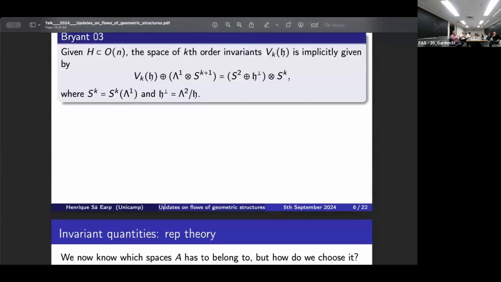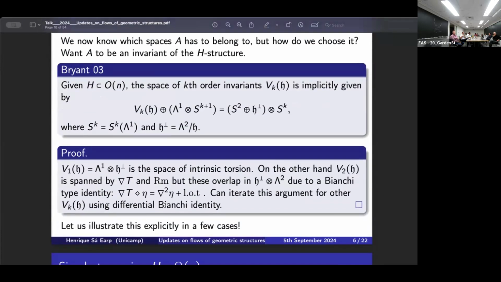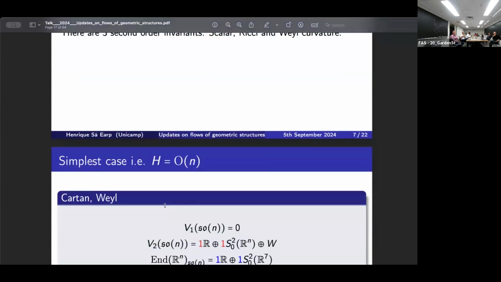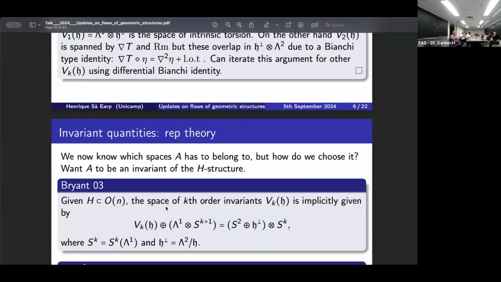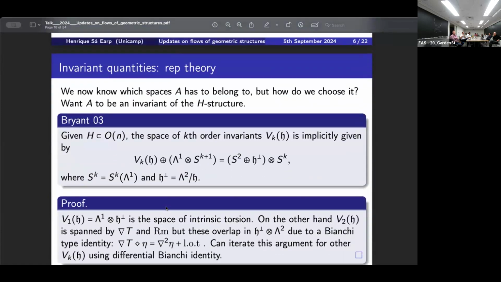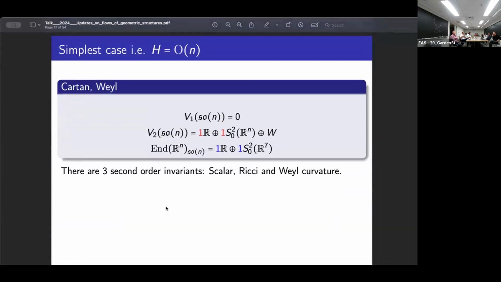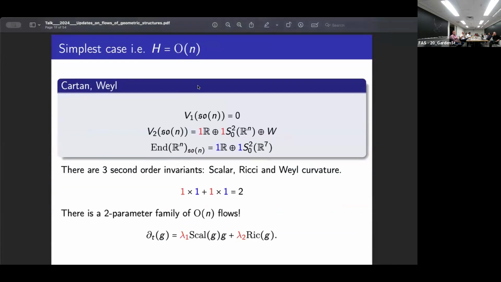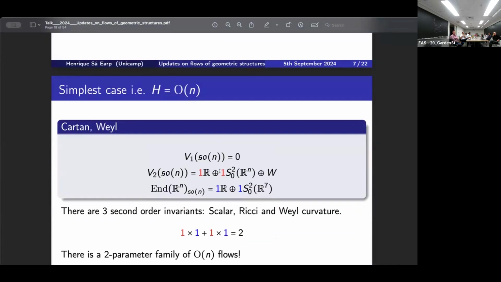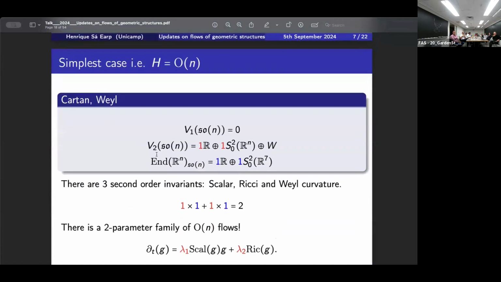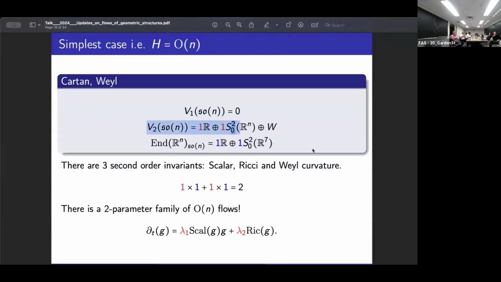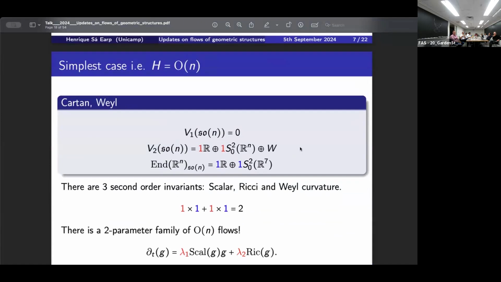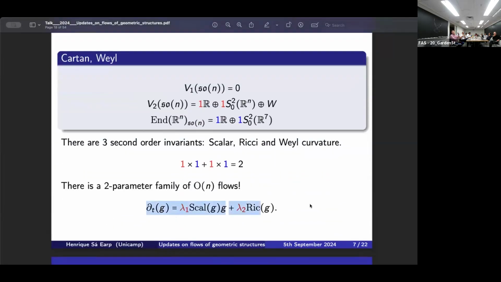You can pick any geometric structure that you like. The simple example is O(2). You can define the flow; the second-order invariants of the flow can be described this way, and this is the general equation of the evolution of an orbit flow.